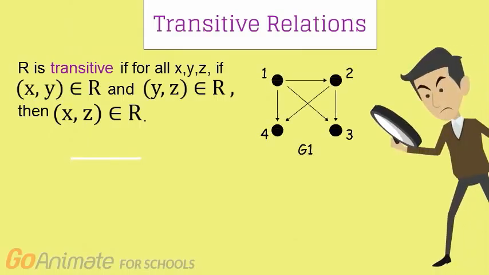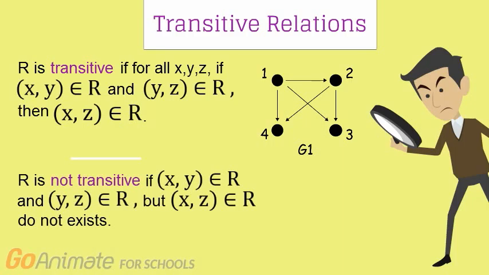The digraph has the property that, whenever there are directed edges from X to Y and from Y to Z, then there is also a directed edge from X to Z. R is not transitive if X is related to Y, and Y is related to Z, but X is not related to Z. The relation represented by digraph G2 is not transitive, because we can see that 1 is related to 2, and 2 is related to 3, but 1 is not related to 3.